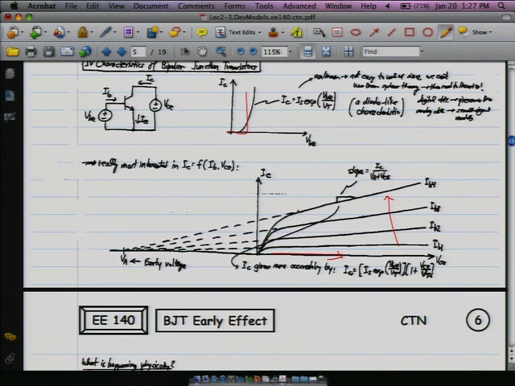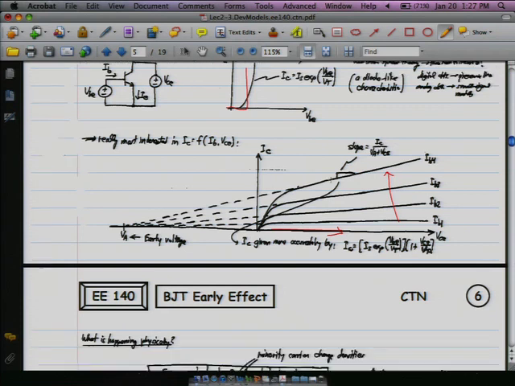At this point we sketch out all these curves. Sorry, I can't talk. At some point, these basically have a constant slope up here. And if we extrapolate that back, we come up with the early voltage.